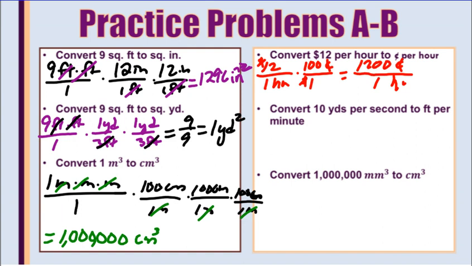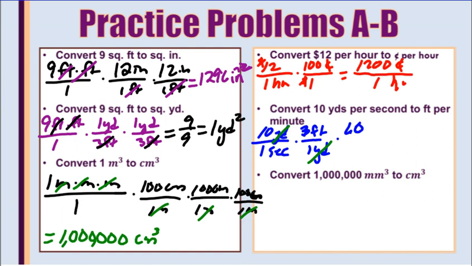Convert 10 yards per 1 second to feet per minute. First I need to go from yards to feet. So there are 3 feet in 1 yard, because now the yards cancel. Now I need to go from seconds to minutes.